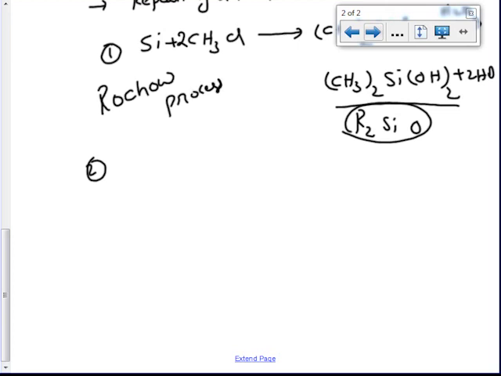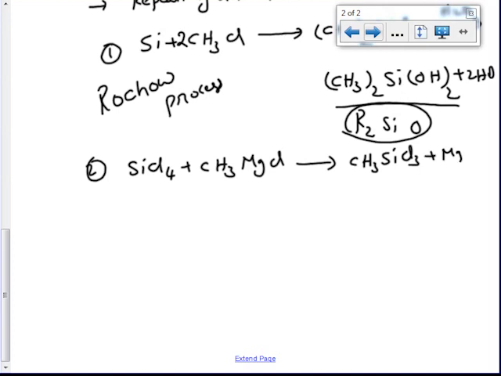Second method of preparation, where we have alkyl or aryl substitution. I take silicon tetrachloride, SiCl4, and react it with methyl magnesium chloride, RMgX, to give CH3SiCl3 plus MgCl2.